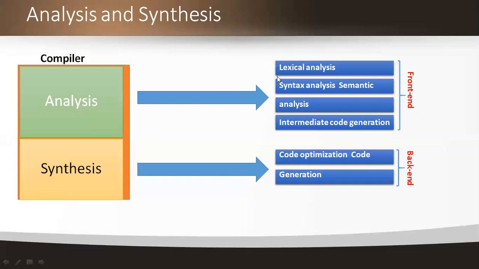This intermediate code generator acts as a mediator between the analysis and synthesis parts. Analysis is carried out only between the 3 phases, and synthesis only between the 2 phases. In between, the intermediate code representation is generated. So this is the brief description of the analysis and synthesis and how each part is divided.